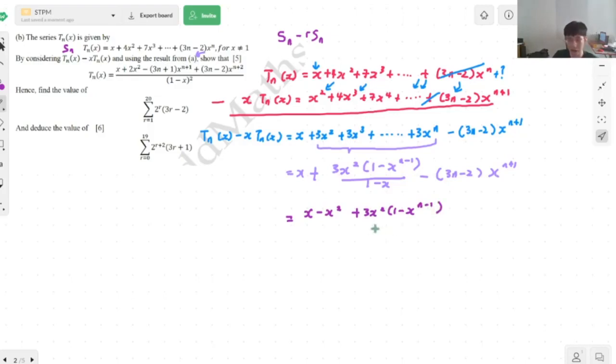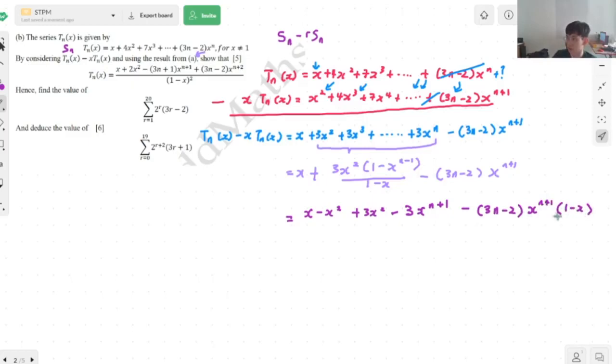Okay, so, as well you can actually expand this. So let's expand this straight away. 3x squared times 1 and 3x squared times this. So I will get minus 3x^(n+1), since x^(2+n-1). And then lastly, minus (3n minus 2)x^(n+1) times 1 minus x.